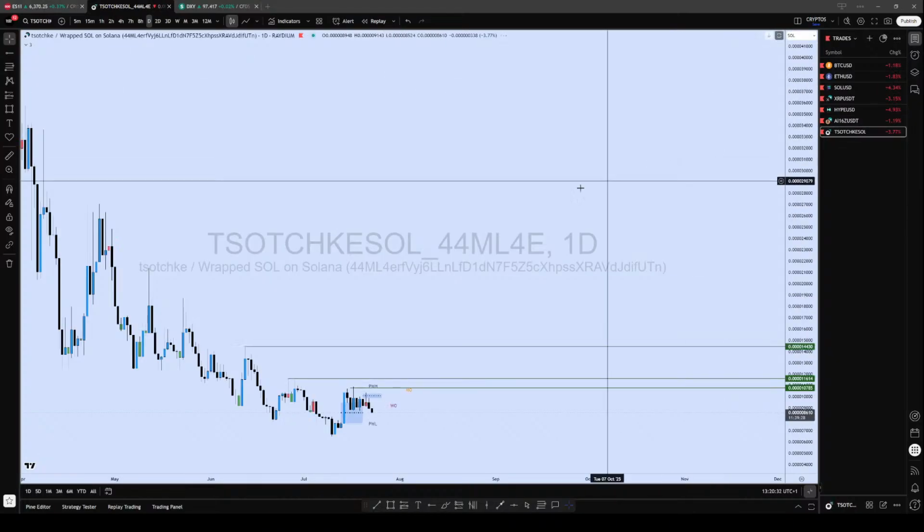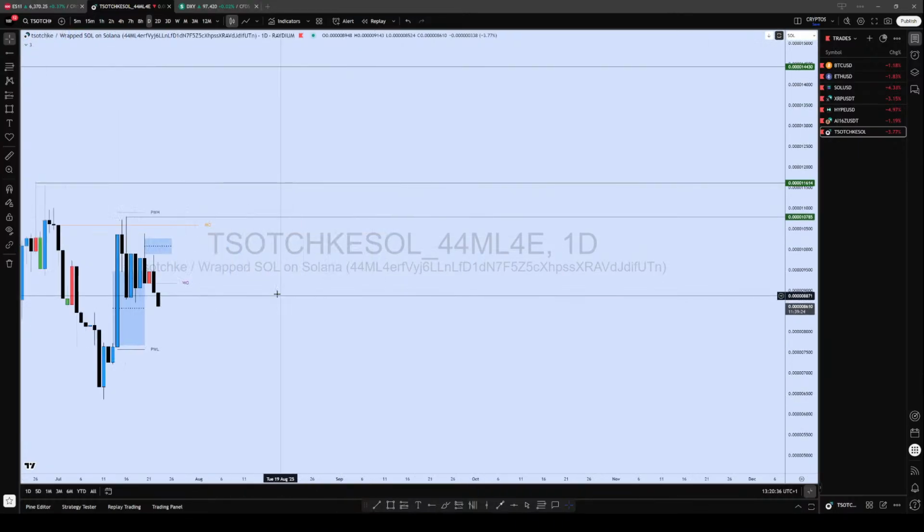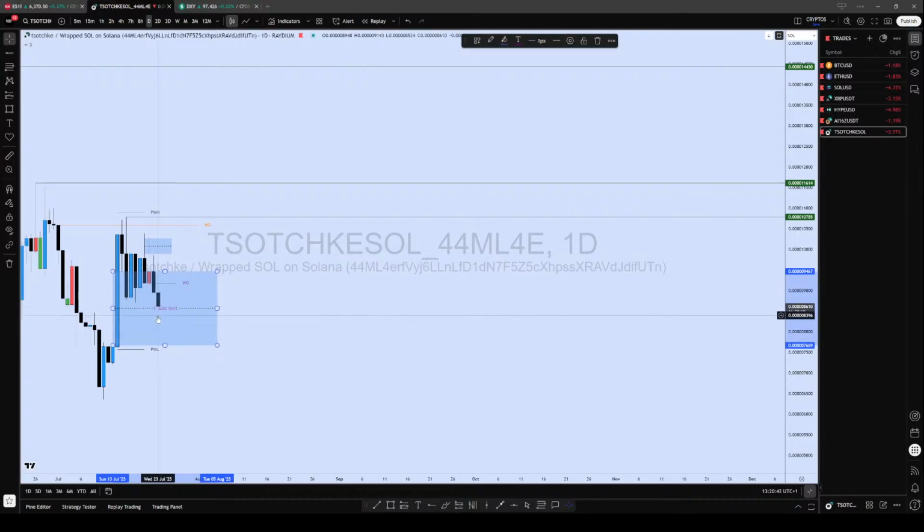And then finally, charge key is still inside that fair value gap. It's now reaching for that 50%, so let's see if we can get a rejection. All this to me looks like it's kind of accumulating again.